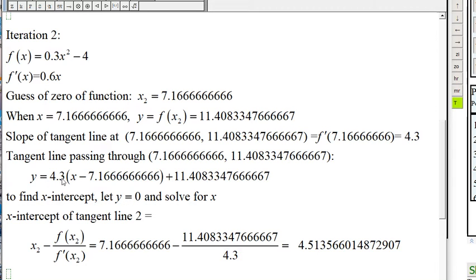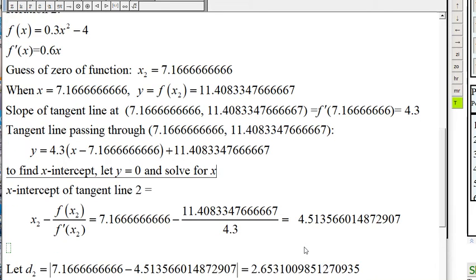And so right here, if we let y be 0 and then solve for x, we will get 7.166 minus 11.4 divided by 4.3. So that's the 7.16, that's the 11.4, and there's the 4.3. And we would get 4.5. And so this is the x-intercept of the second tangent line.